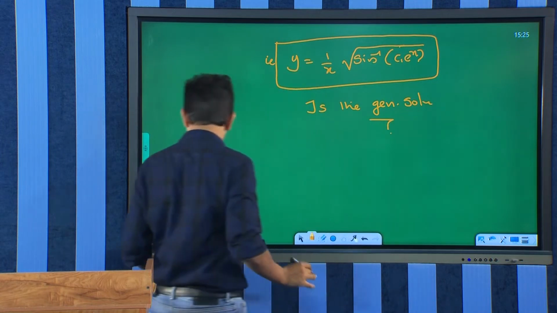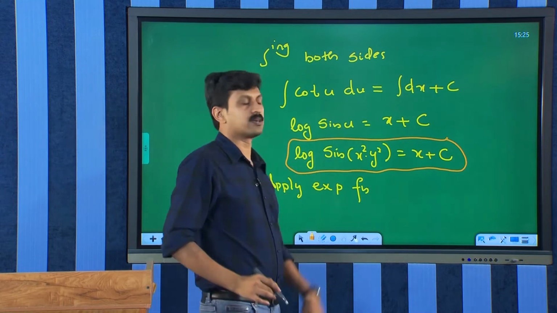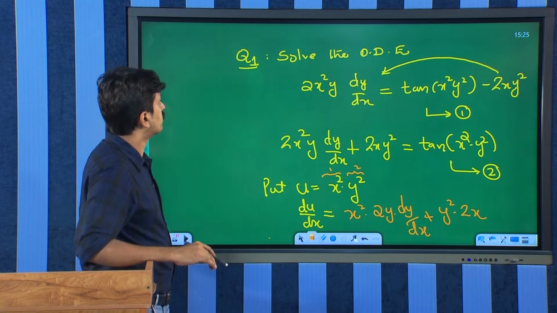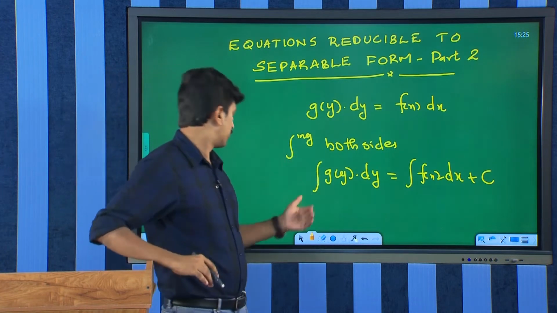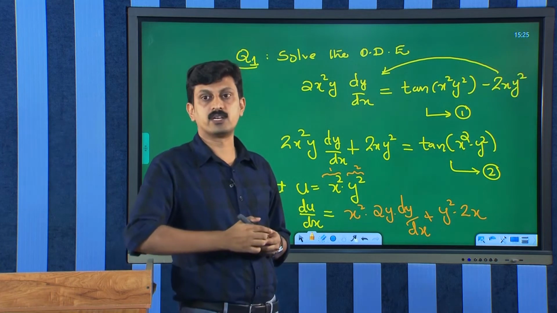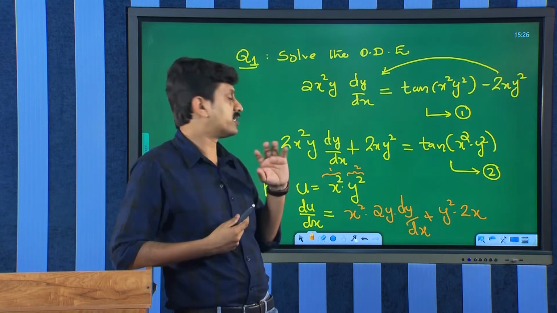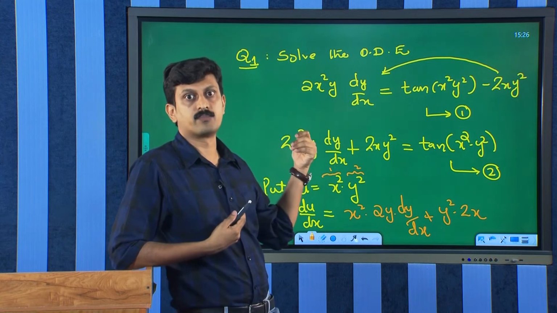Now, this is enough as part of the solution. See what we did here, my dear students. Actually our aim is to solve this differential equation, but while seeing it we understood that it is a little bit tedious, complicated form, and very tedious to convert into a separable form.